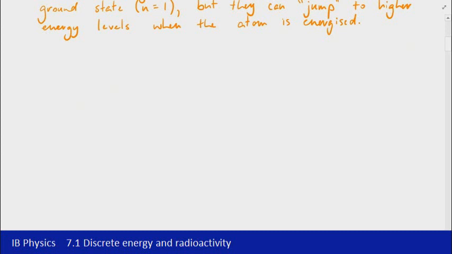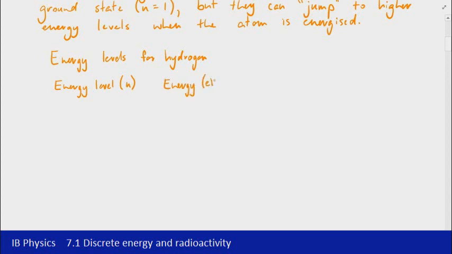So if we look at energy levels for hydrogen, we'll have the energy level given by the value n, and the associated energy with that energy level as well, and we'll use electron volts here as the unit to state what the corresponding energy is.